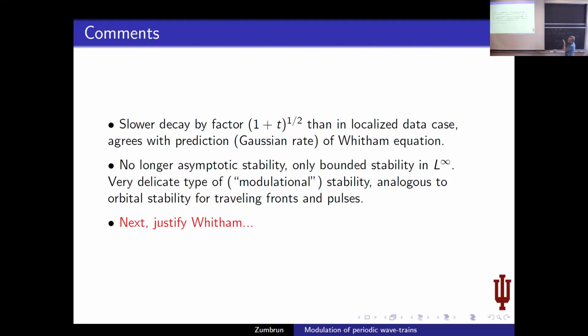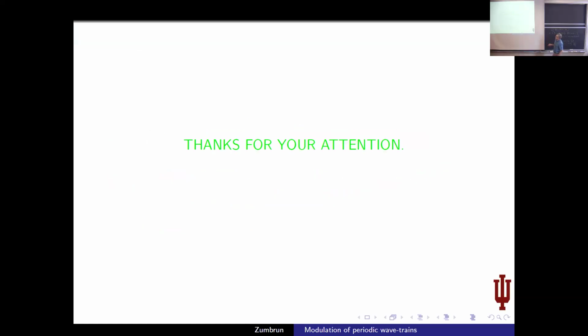It agrees with the prediction of the Whitham equation. And for the localized data, it was actually an asymptotic stability result. It converged to the original periodic wave with no shifts. And here it converges to a modulation of the periodic wave.